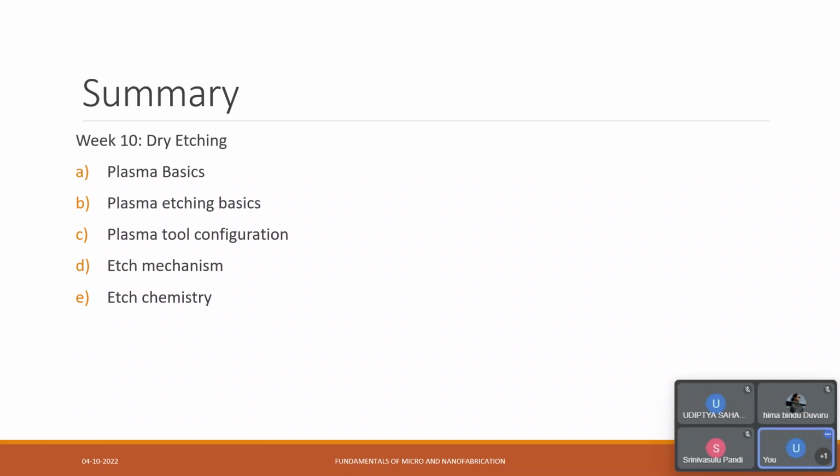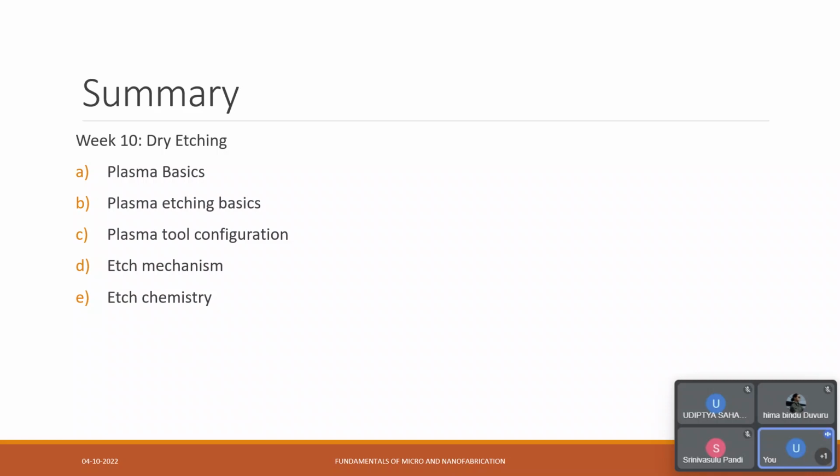We saw in deposition that we are depositing materials. Here the mechanism is that we are removing materials, and depositing can be considered easier than removing. In removal, you need to be very selective, and how these are removed is what we discussed in the etch mechanism. And then the etch chemistry.